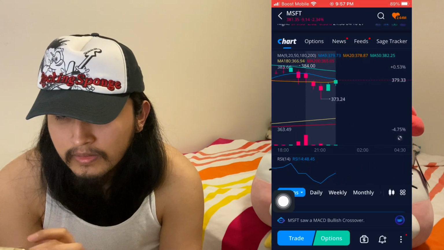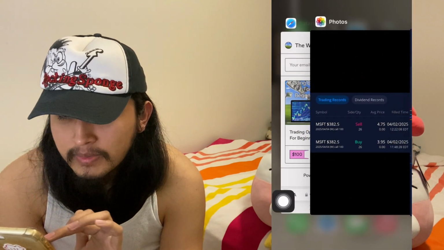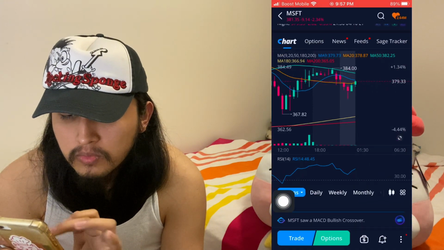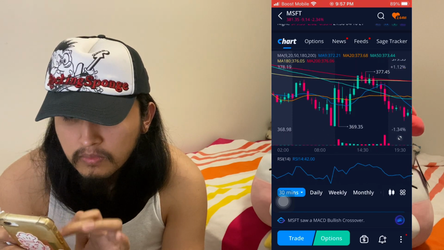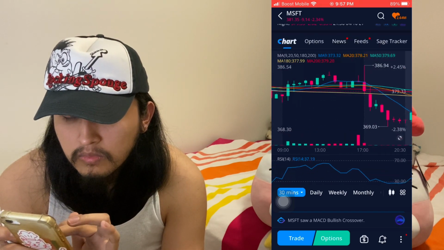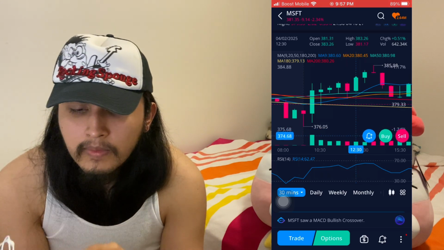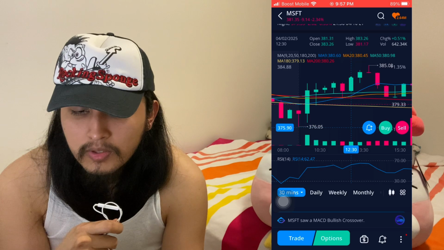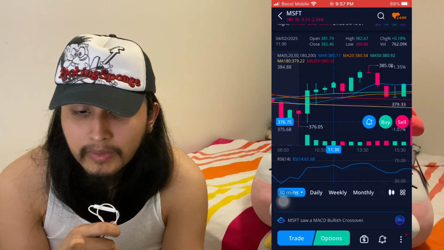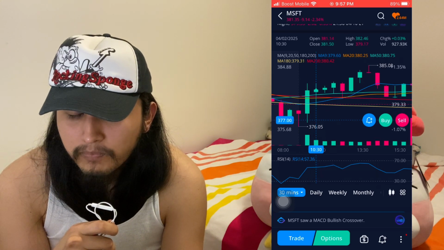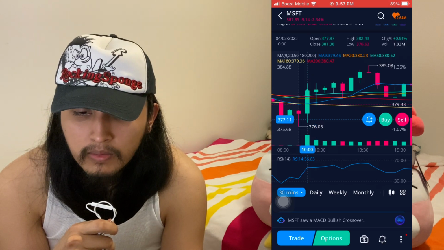So that same day, right? At 12:22, this candle right here, I sold out the position. The reason I sold out this candle was because I was like, okay, it's looking like Microsoft is approaching the, not support but the resistance level of 382.